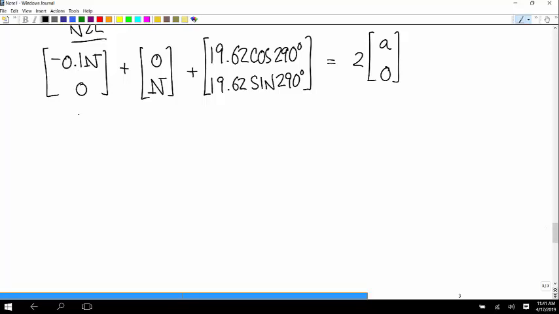So the y equation says n is equal to negative 19.62 times the sine of 290. Can someone tell me what that is?